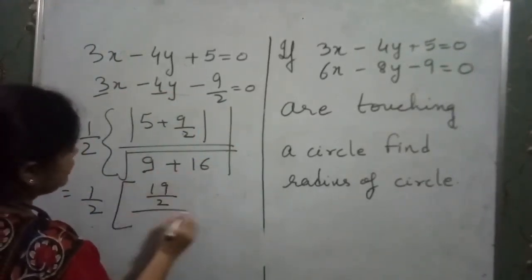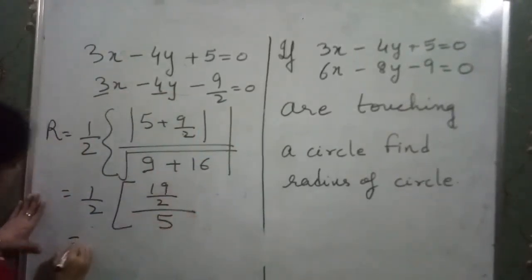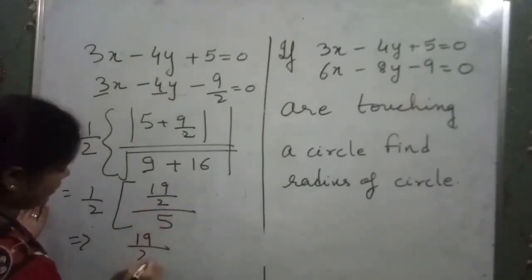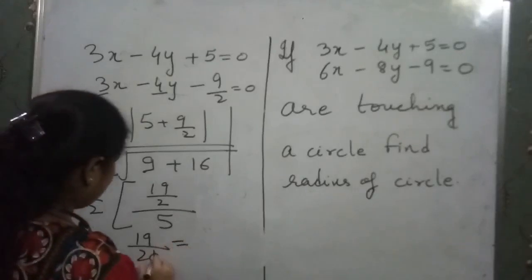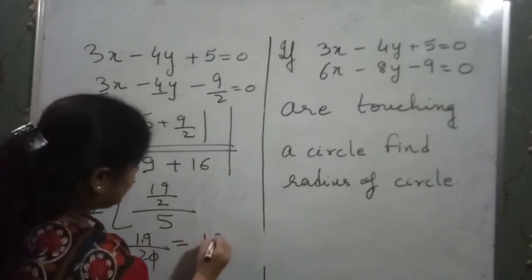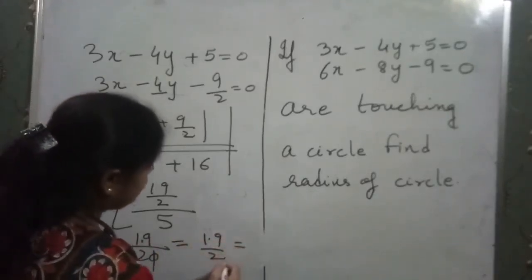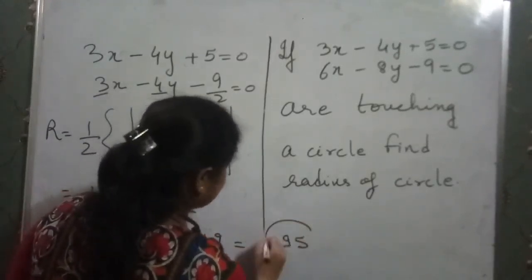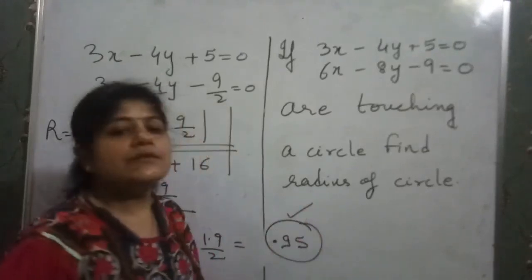And here we have 25, that is 5. So overall we have 19 over 2 5s are 10, 2 2s are 4, 5s are 20. Now just divide it, 19 over 20, that means 0.95. This is the radius of the circle.